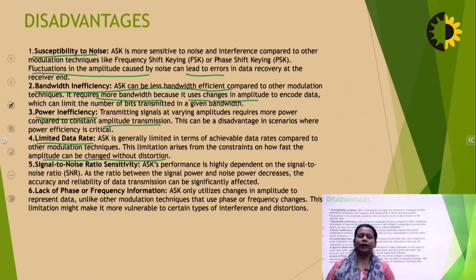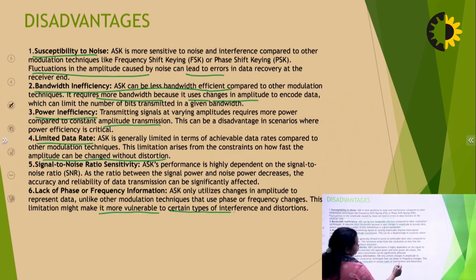Since this is an ASK technique, there is a lack of phase and frequency information, which makes it more vulnerable to types of interference and distortions. So these are some disadvantages which are very important to write in your answer.